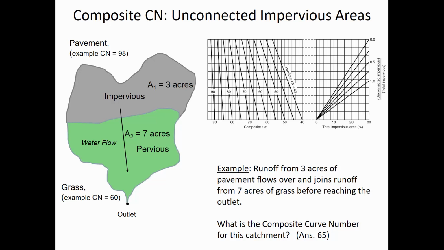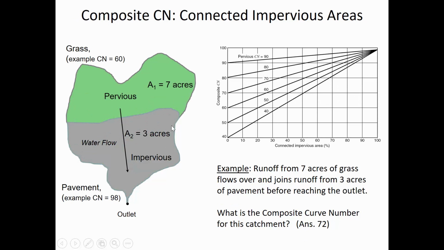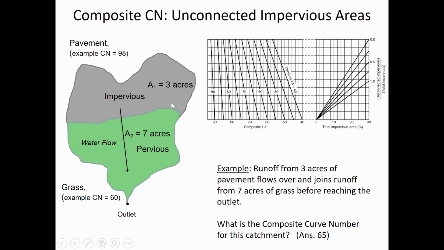Some of it is still going to make its way into the stormwater network, but some of it's going to infiltrate. And so it's going to decrease the volume, and at the very least, it's going to slow things down. And so, in addition to the runoff amount, think about the timing of having the impervious area directly connected versus having it unconnected.